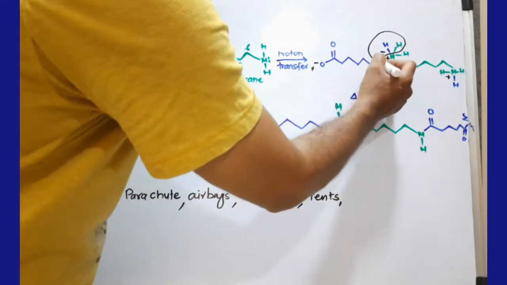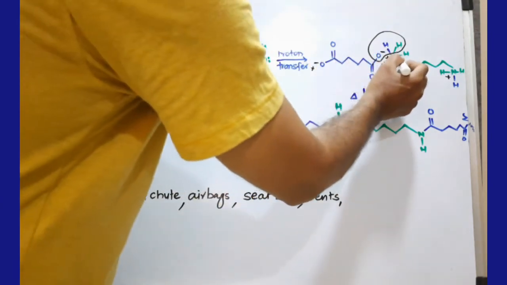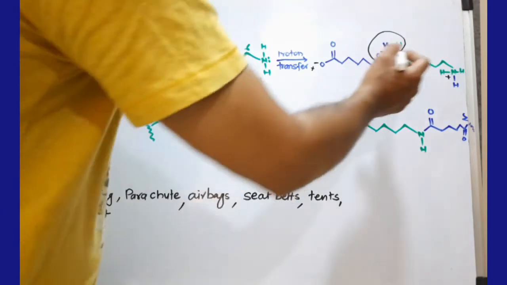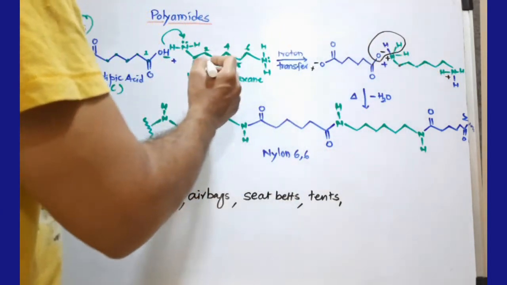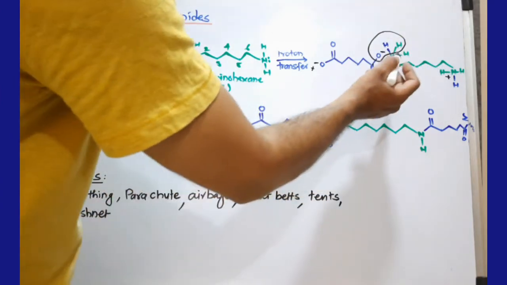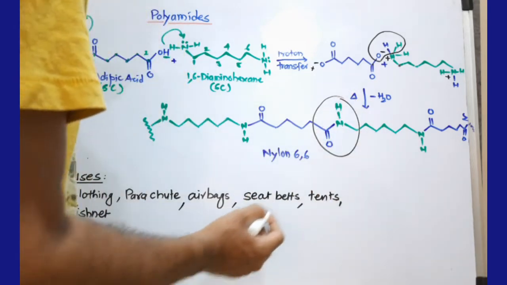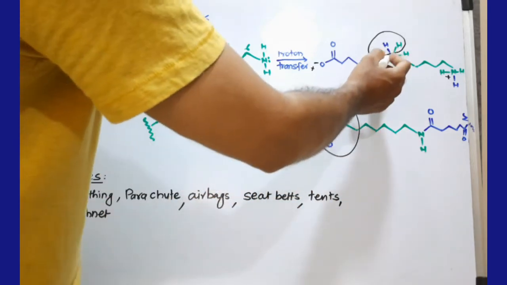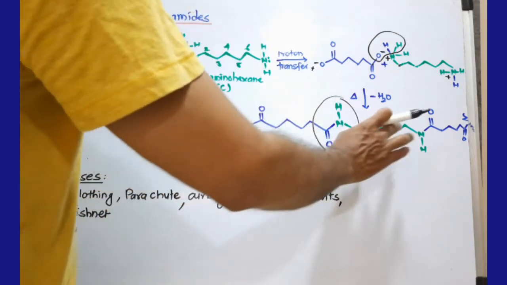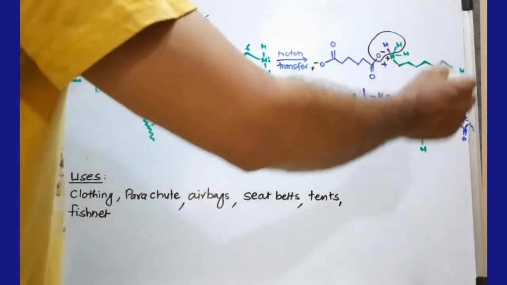if you look at carbon 6 of adipic acid and the first carbon of hexamethylene diamine, there is formation of an amide linkage. This is the amide group, CONH. This amide linkage is formed, and you can see in this polymer this functional group repeatedly coming.